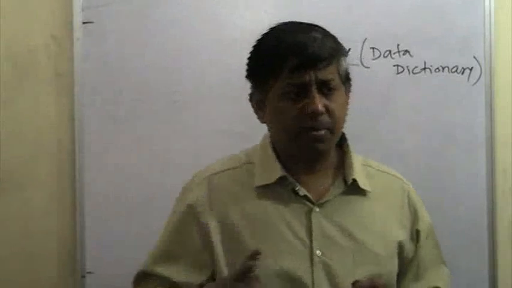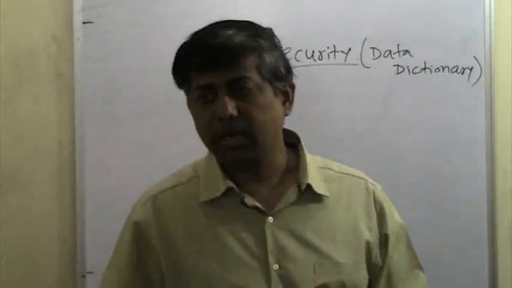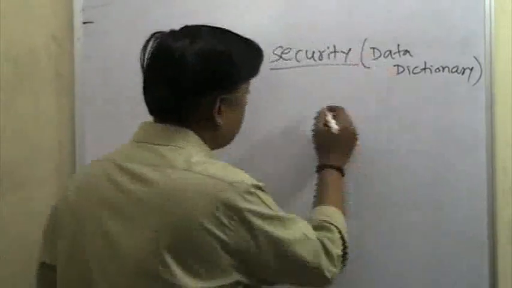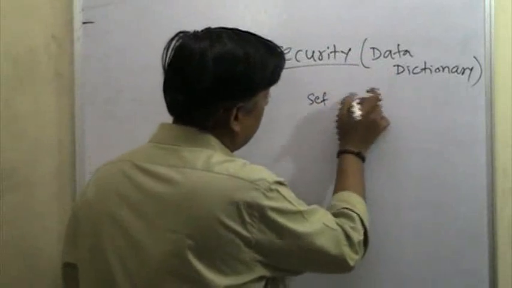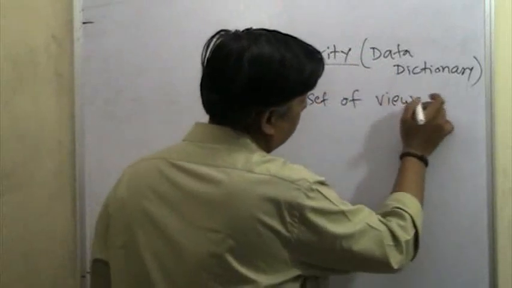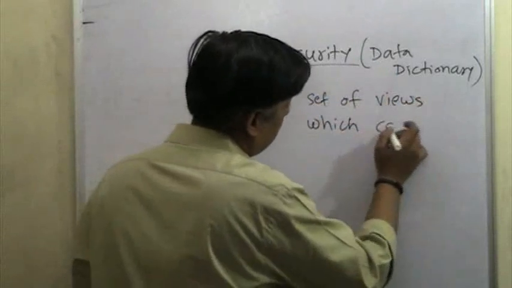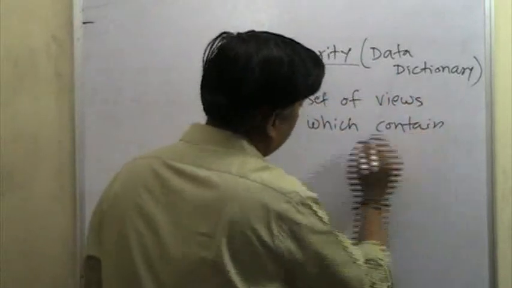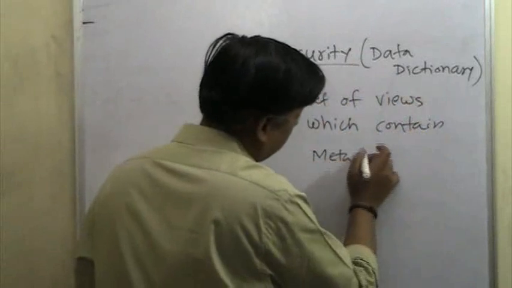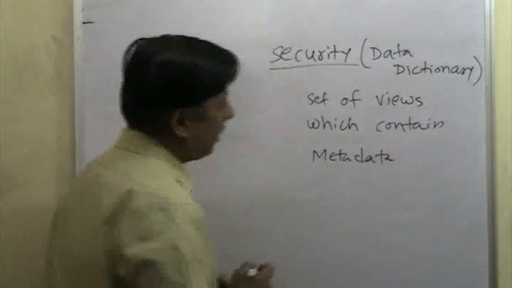A lot of information is kept inside those data dictionary views. So basically the data dictionary is a set of views which contain, I would say, metadata. What is metadata? Metadata is data about data.